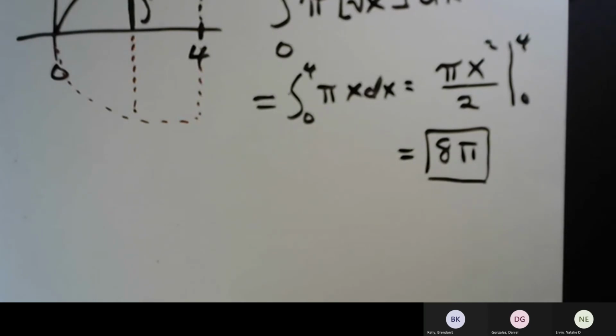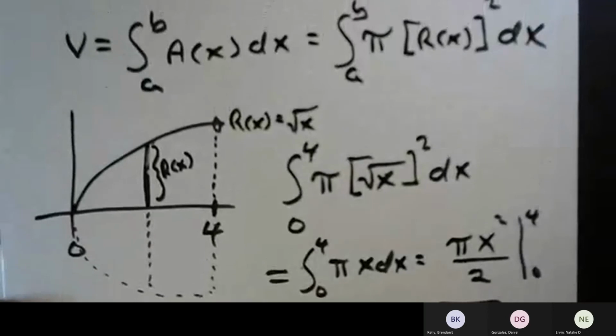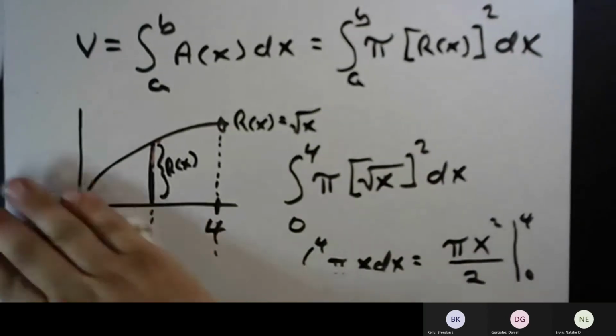So that's if we rotate around the x-axis. Let's say we rotate around something else, a different axis.